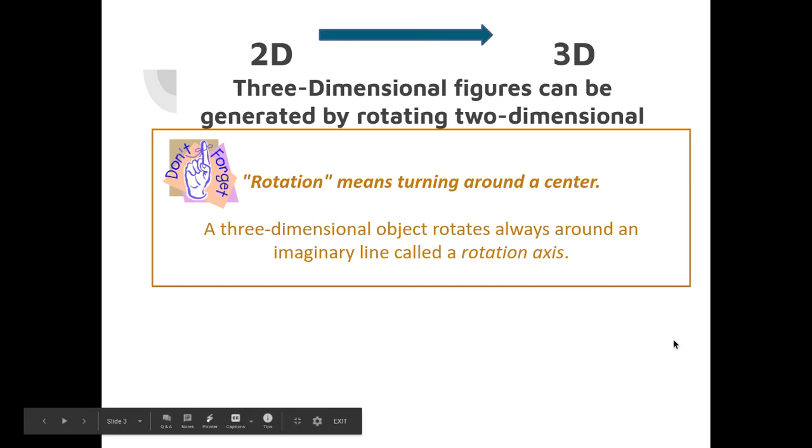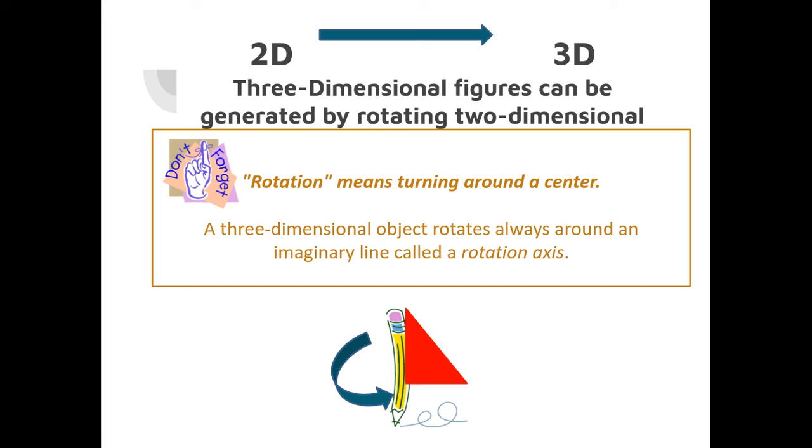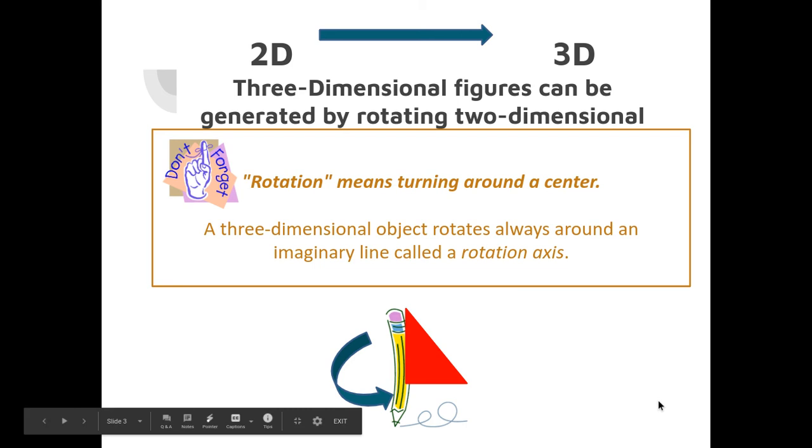Take a look. Here is the diagram of a right triangle, and we're using the pencil to show the rotational axis. So if we rotate that right triangle around that pencil, which is the rotational axis, what 3D solid do you think we're going to get?